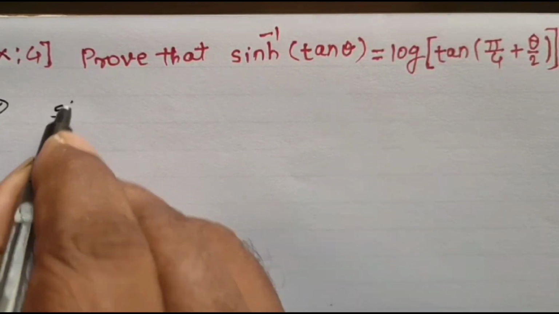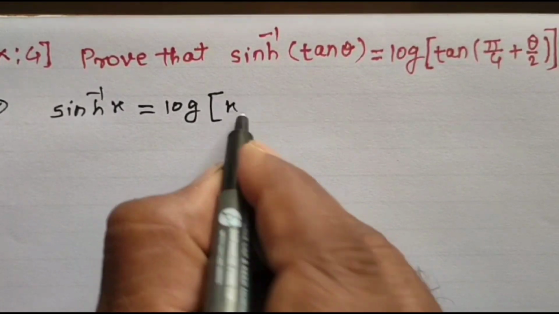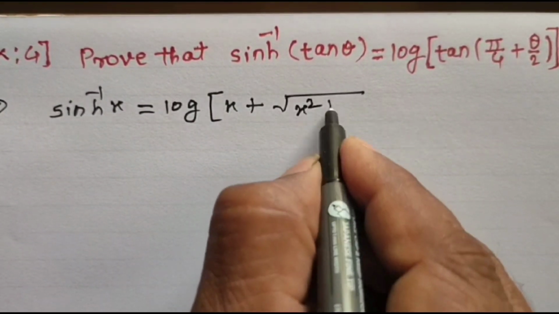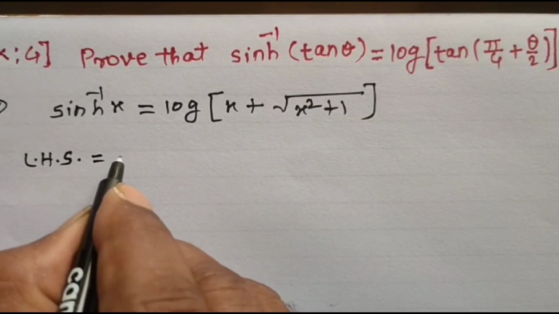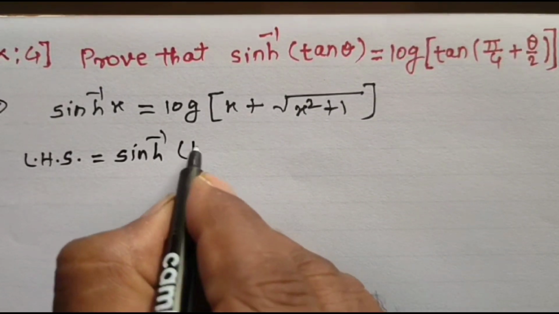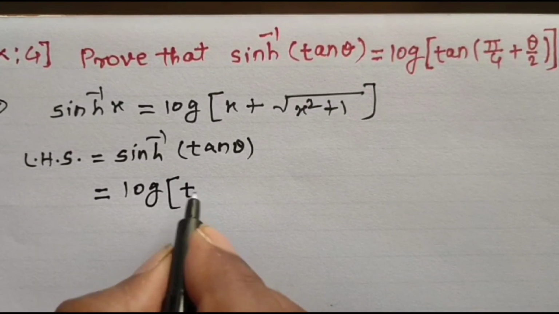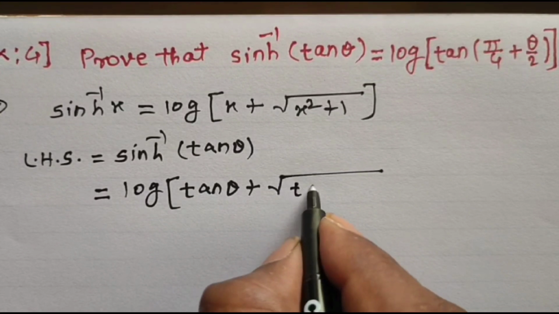hyperbolic sine inverse x is equal to logarithm of x plus square root of x squared plus 1. Hence LHS is equal to hyperbolic sine inverse of tan theta, and this is equal to logarithm of tan theta plus square root of tan squared theta plus 1.